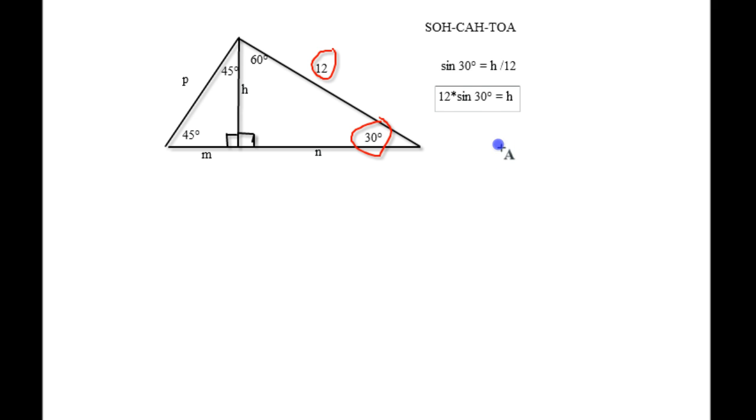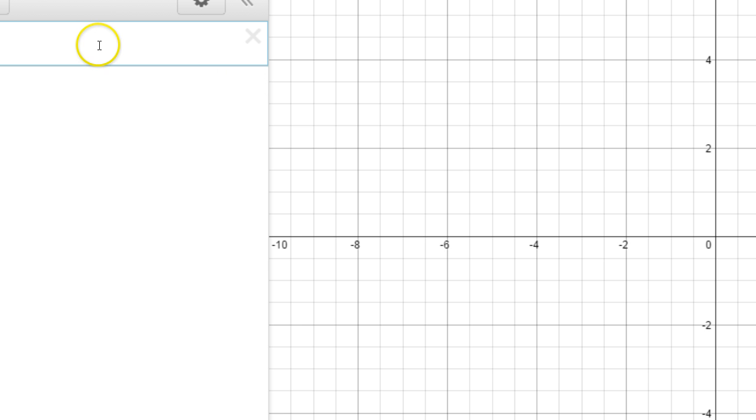Okay? Now, when I go to Desmos, or whatever calculator I have, I have to make sure my calculator's in degrees because I am working with degrees. If you'd like to, we'll talk about radians a little later, but for right now we're just working with degrees.